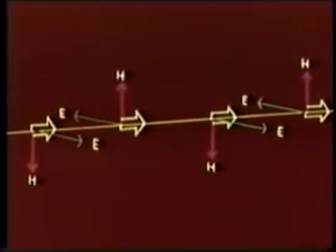Let us now consider what happens when the wave strikes a reflecting surface. We will consider only one pair of the peak vectors. As before, Poynting's rule gives the direction of propagation. On reaching the reflector, the E field is reversed, but the direction of the H field is unchanged.